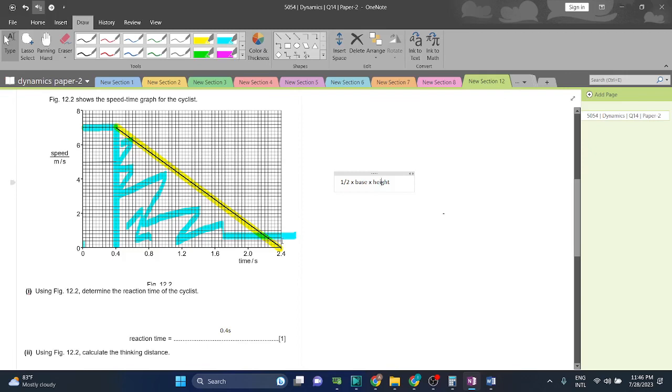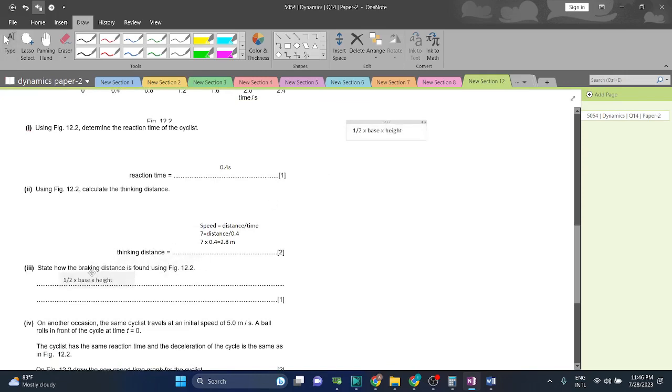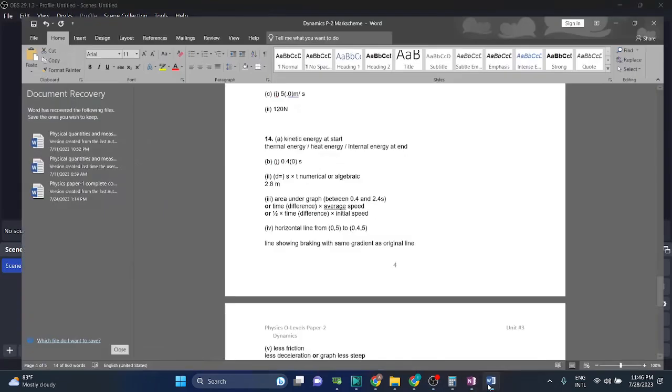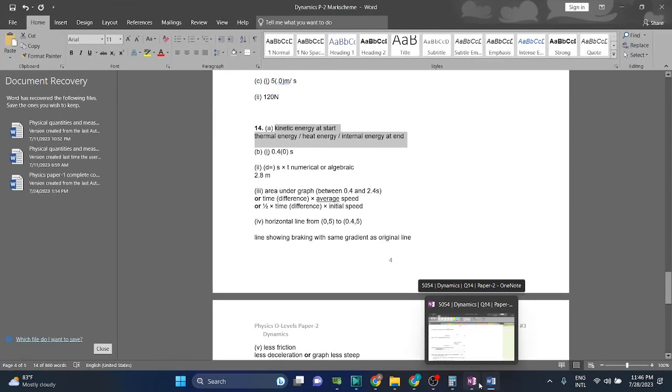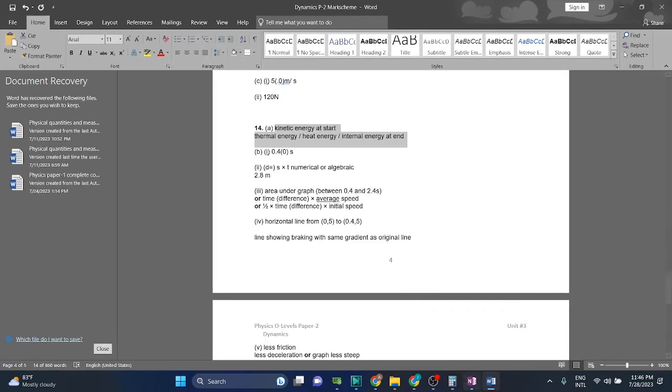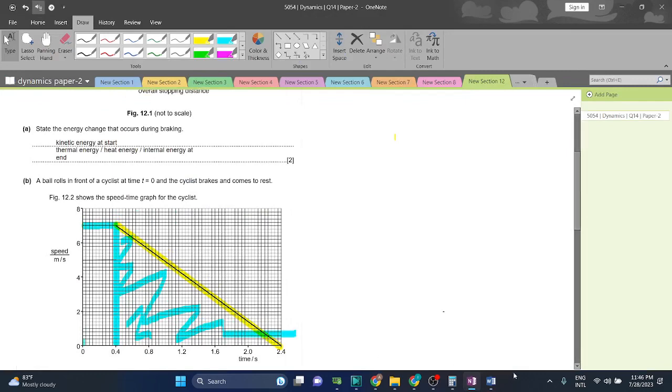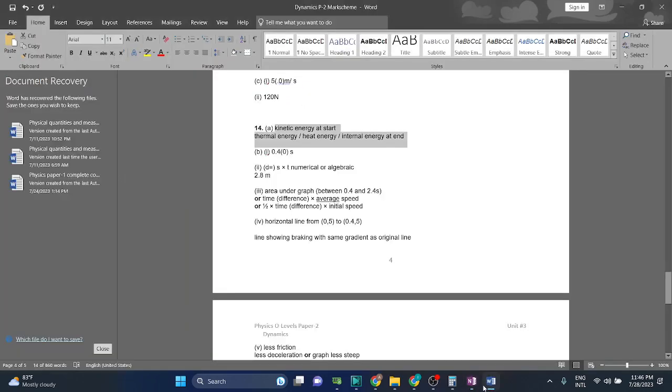And this is the braking distance because here he starts to brake and here he comes to rest. So all this area will be the braking distance, and that is how you'll get the braking distance. Let's see once. Area under the graph, which is from 0.4 to 2.4, just like I showed you, the time difference into, yeah, same thing.